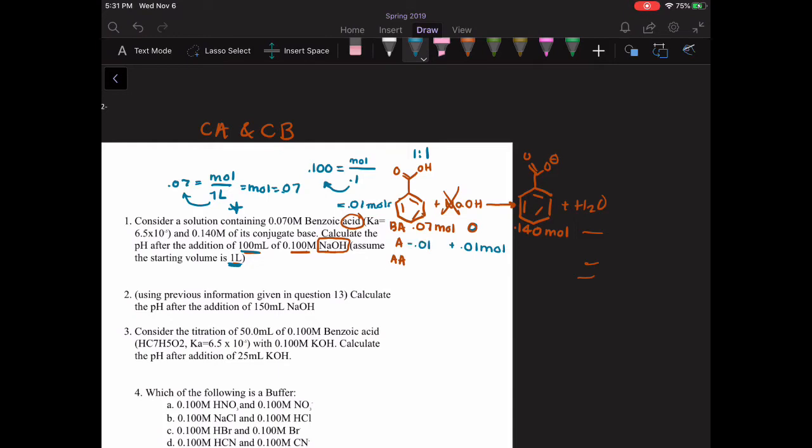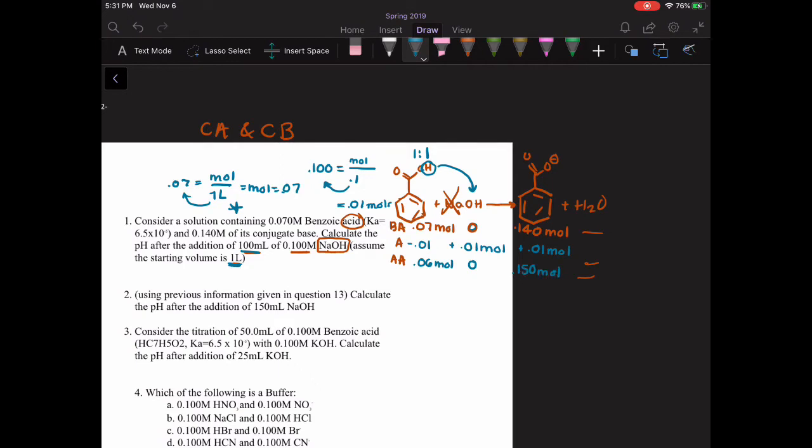And so when this acid does its thing and donates, I'm left with adding 0.01 mole of the conjugate base, right? So when I do that, I end up with 0.06 moles, 0 moles here because this is completely neutralized, and then I end up with 0.15 moles of that conjugate base.